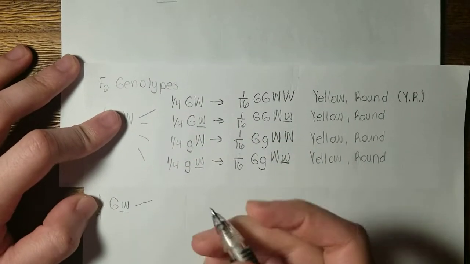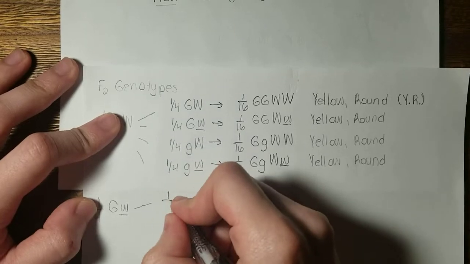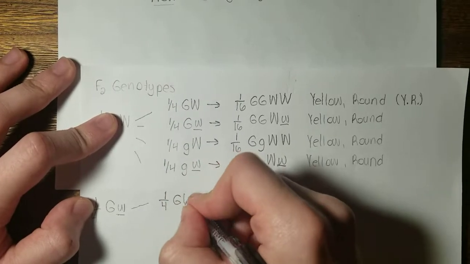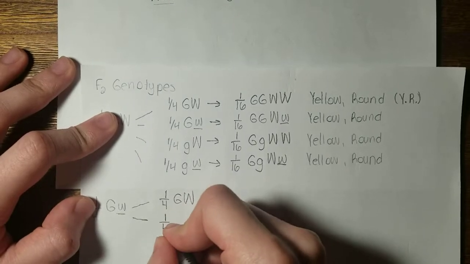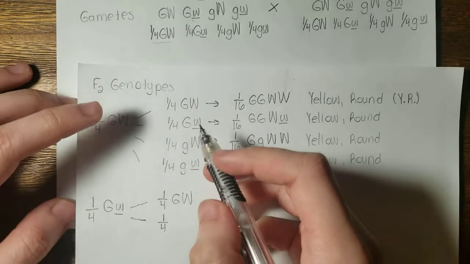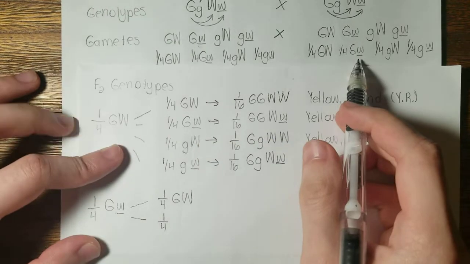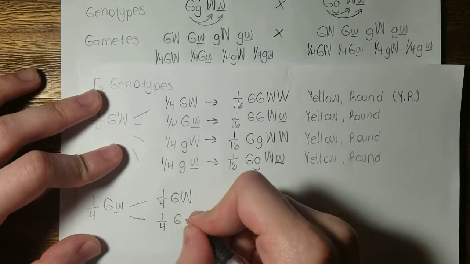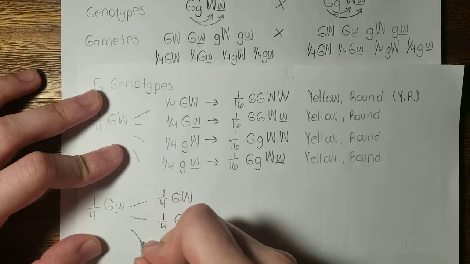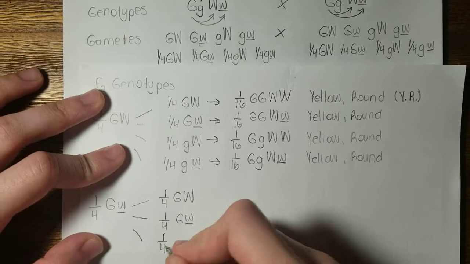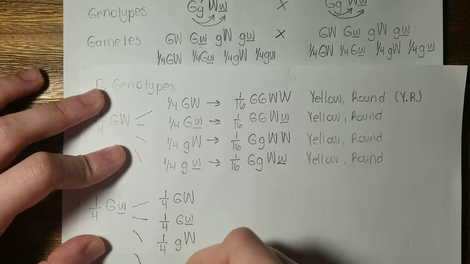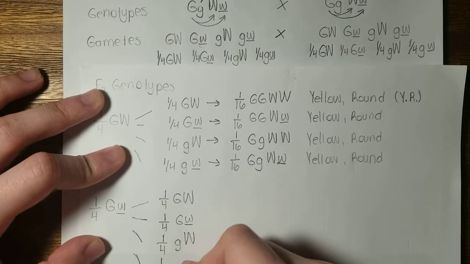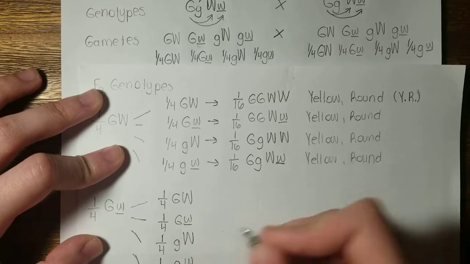So now we have to cross it with our 1/4 big G big W, our 1/4 big G little w, cross it with our 1/4 little g big W, and our 1/4 little g little w.